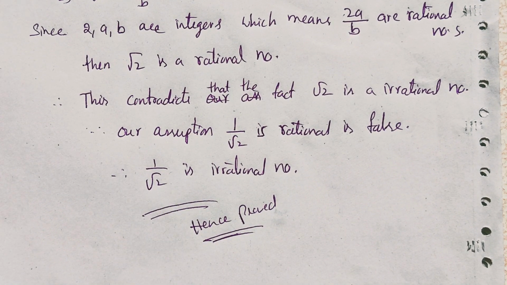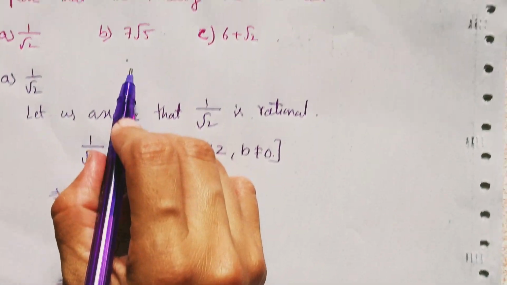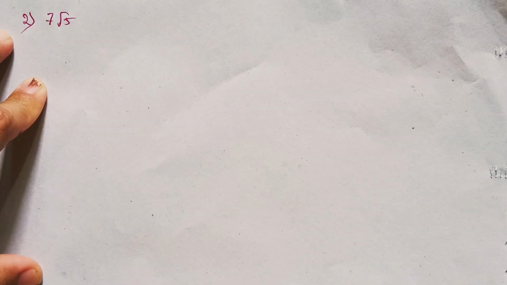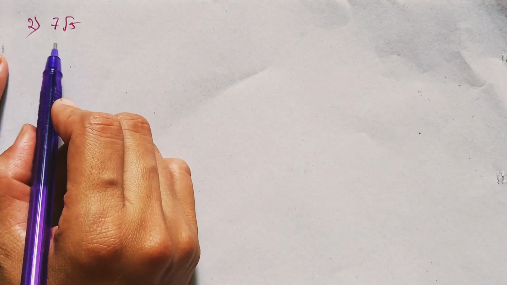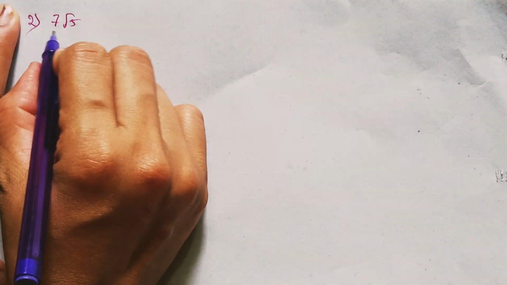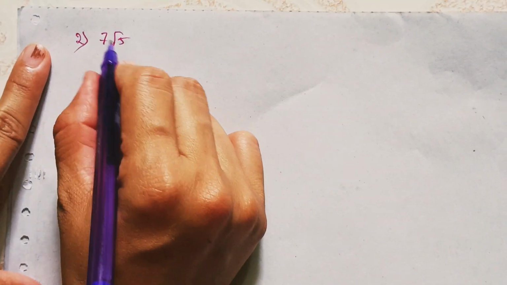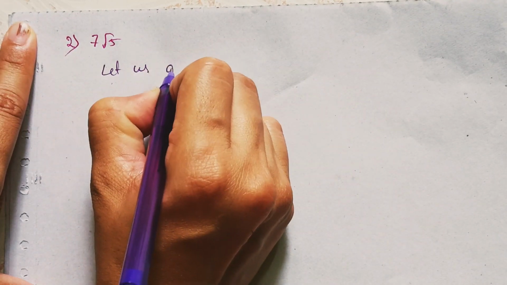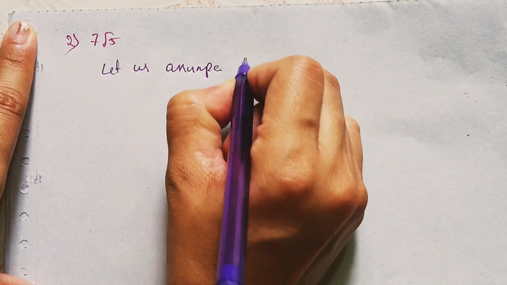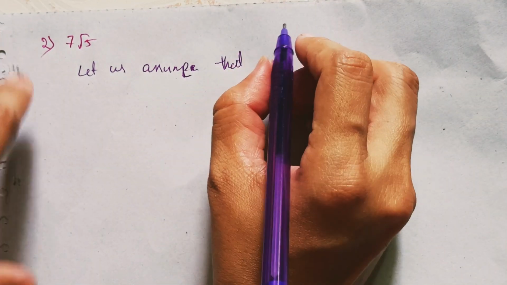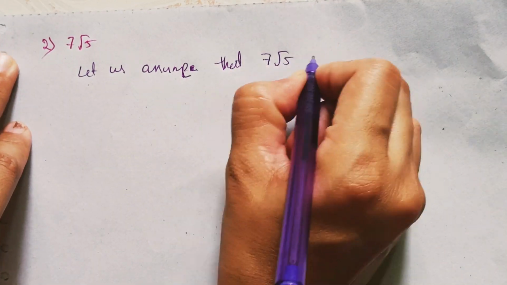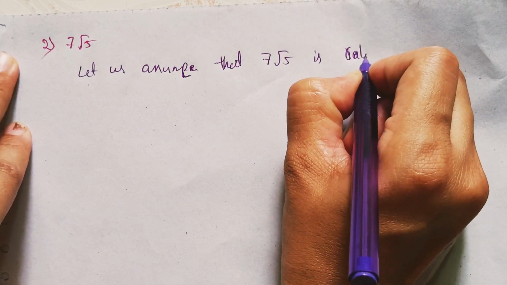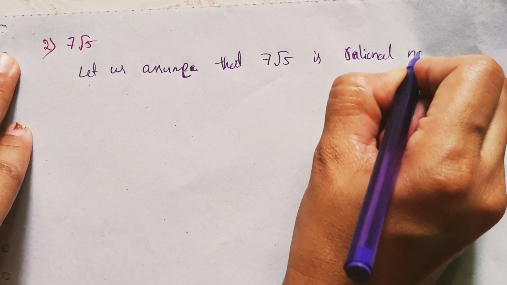Now you got it. Now we'll see the next problem, which is 7 root 5. So the second question is 7 root 5. We have to prove that 7 root 5 is an irrational number. So let us assume that 7 root 5 is a rational number.